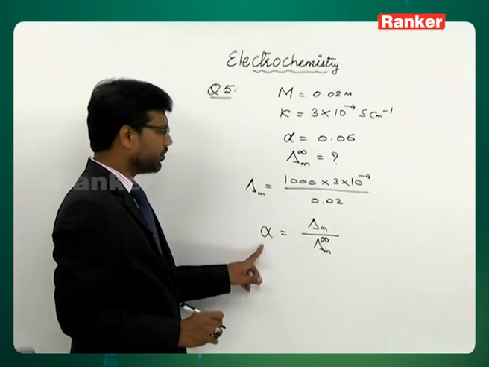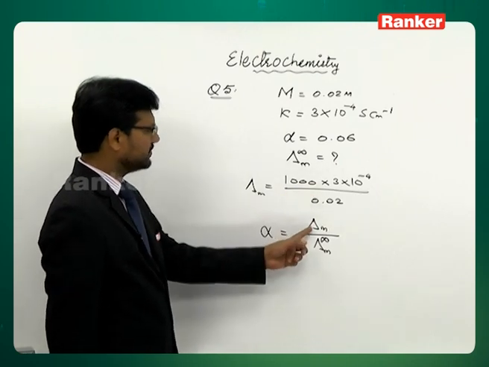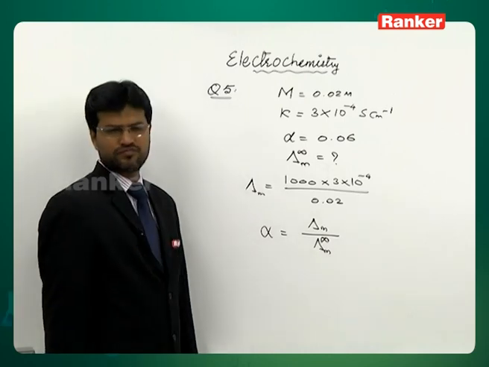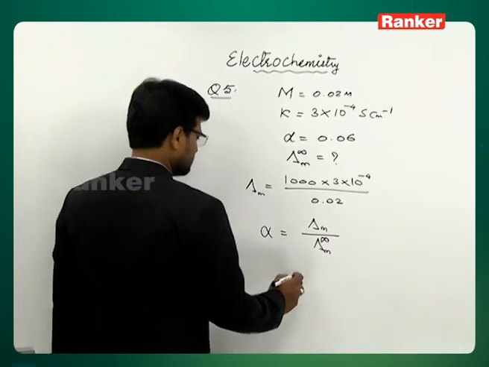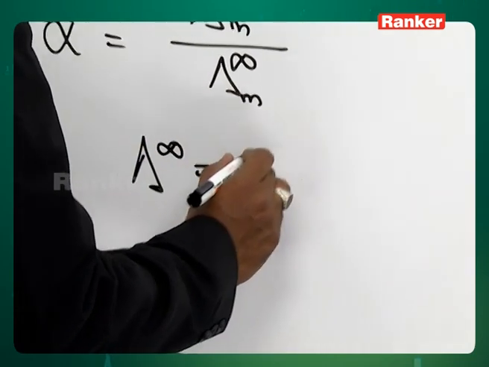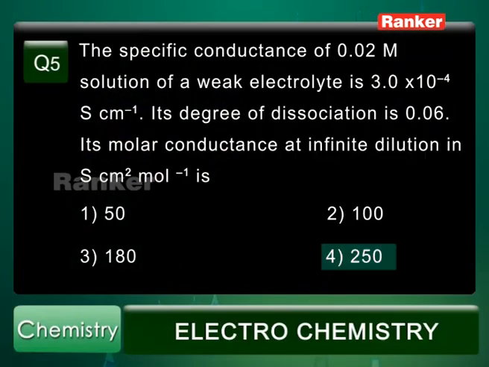You substitute 0.06 over here, substitute this over here, and you can find out lambda infinity, and the answer you get is 250. So the correct answer is fourth option.